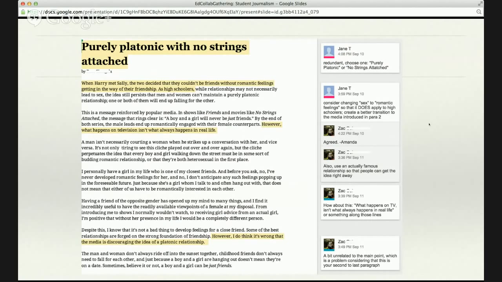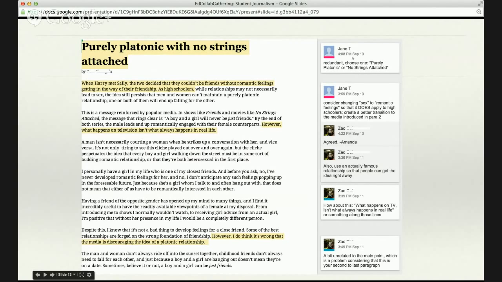Here's an example. Again, this is high school, so the topics are going to be more advanced, shall we say, than those of middle school or elementary school. This is an opinion piece on how you can have platonic relationships in high school.